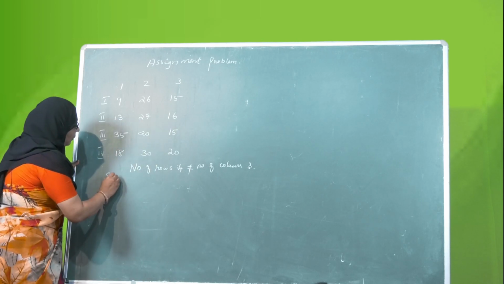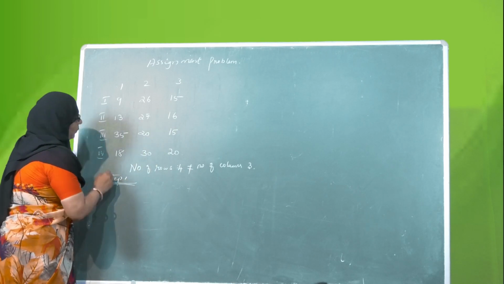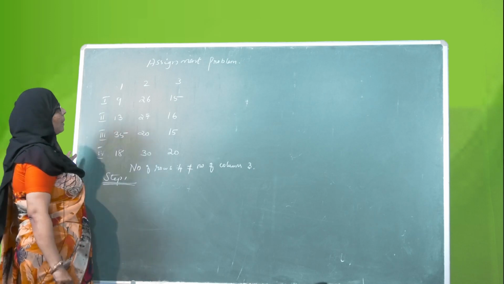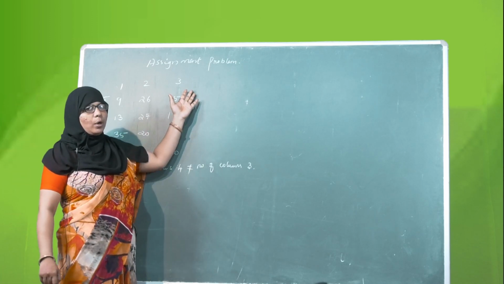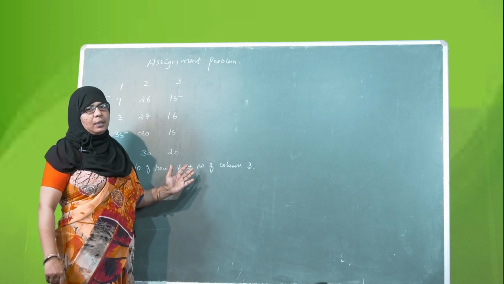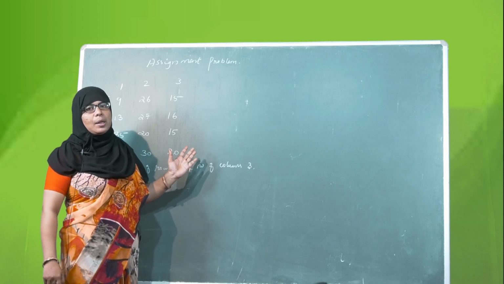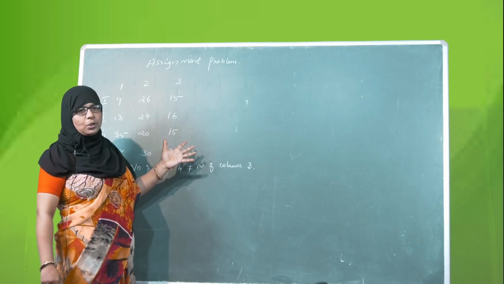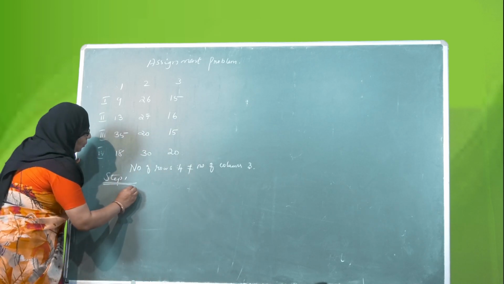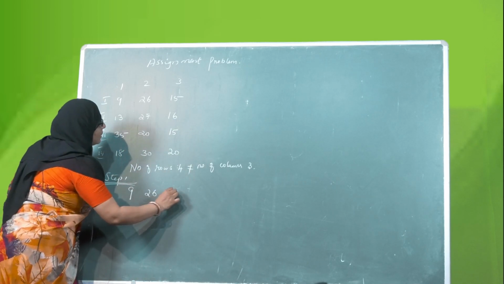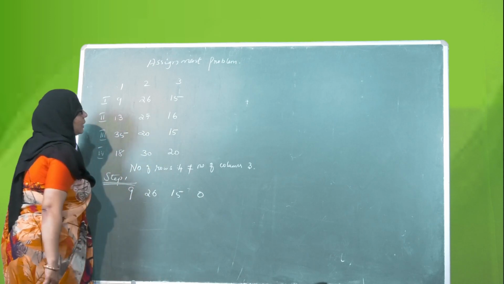So step 1, you have to balance, you add one column separately, that is a dummy column. Dummy column means you add 0, 0, 0. Okay, so 9, 26, 15, 0.